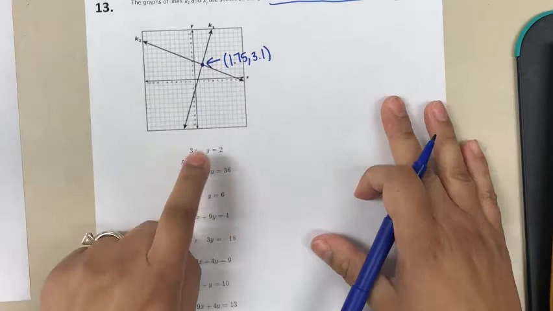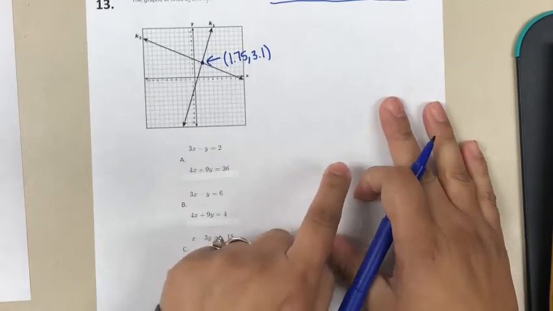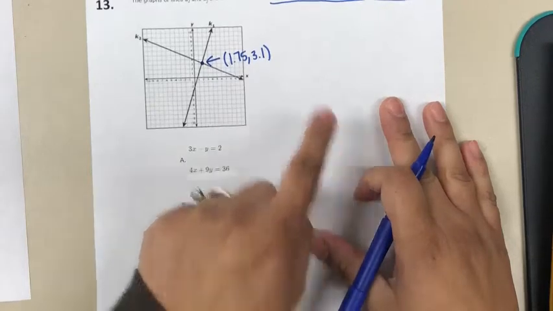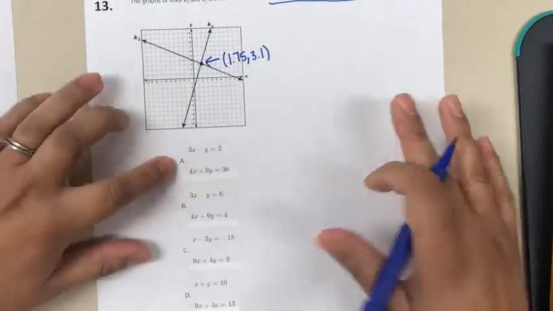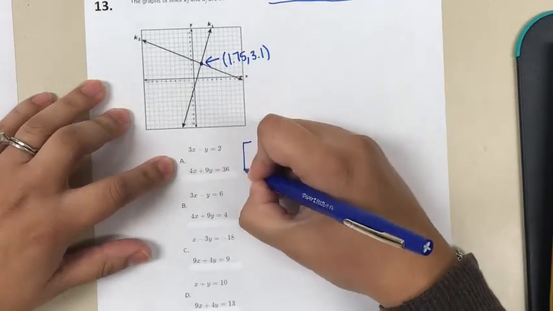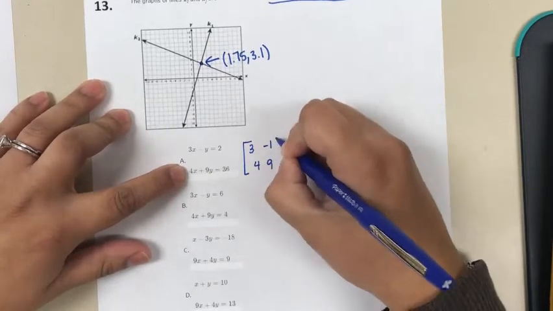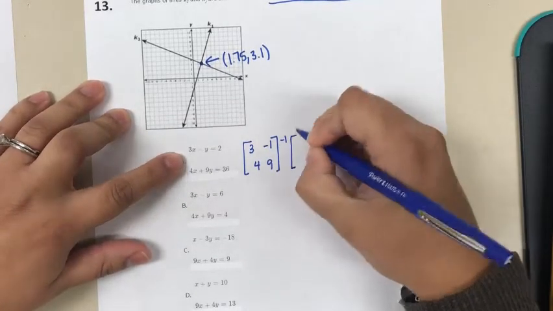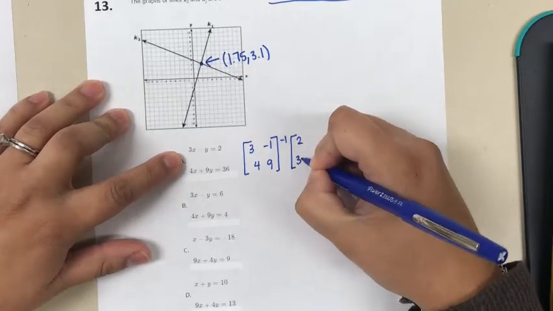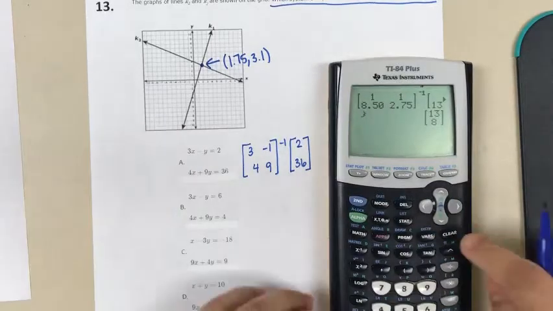I'm going to go through and create a matrix for each of these, and see what answers I get and see which one matches closest to this point. So for A, my matrix is going to be 3, -1, 4, 9. Do my inverse, and then I have 2 and 36. Okay, I can plug this into the calculator.